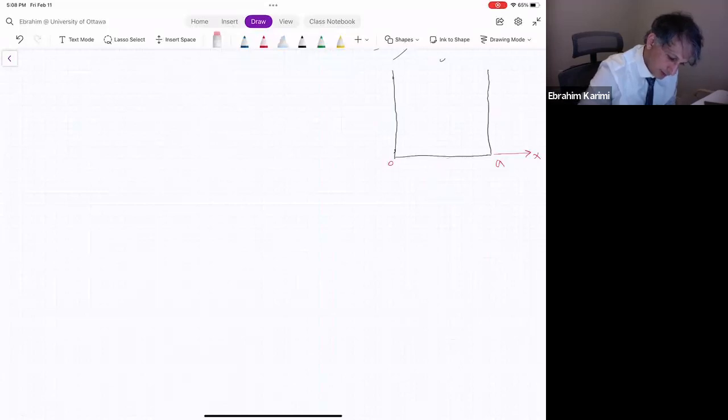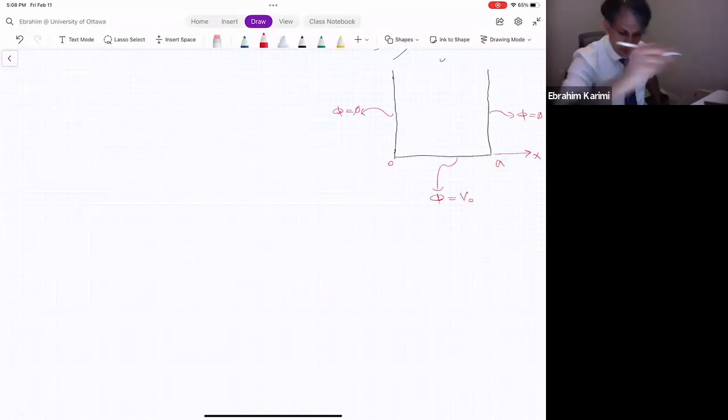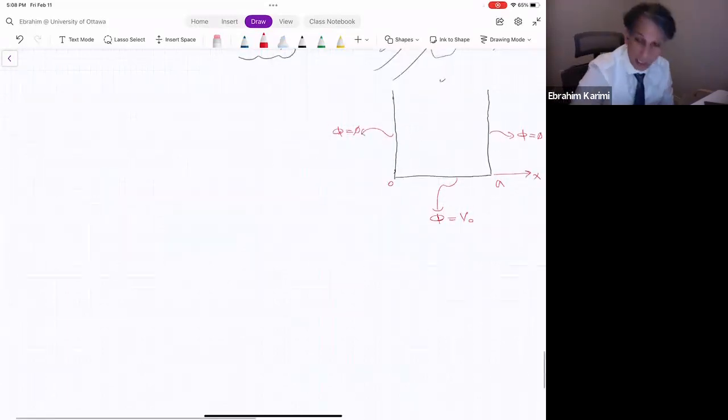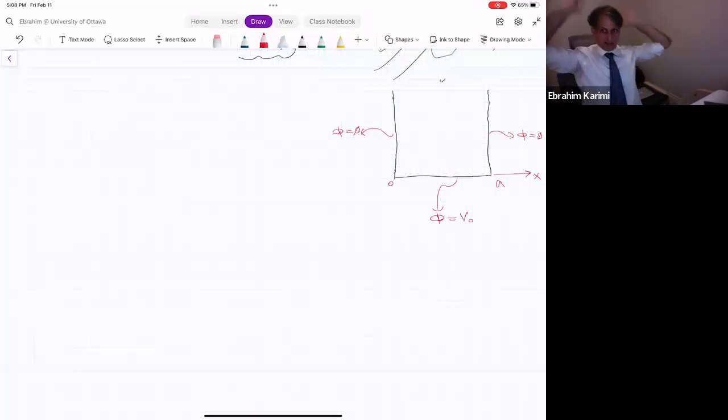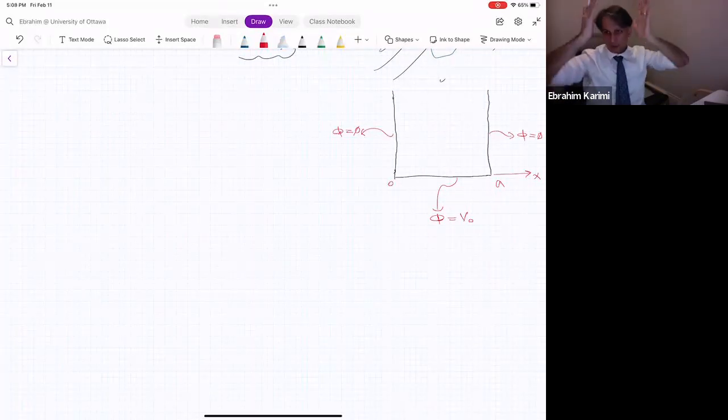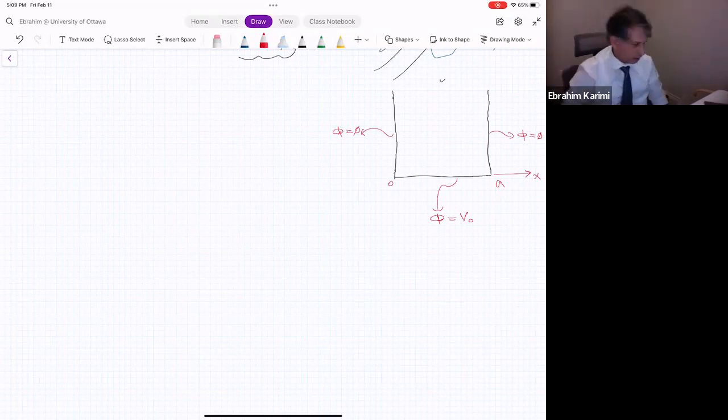My notation is a bit strange, guys. That is phi equal to 0, phi equal to 0. And here phi is equal to V0. What about the other side? It goes to infinity, and I have no idea. Assuming that the wall goes really to infinity, it looks like two plates that are really long and wide.